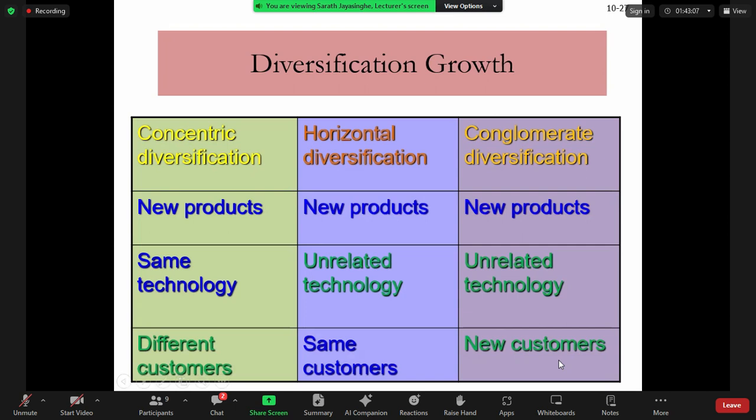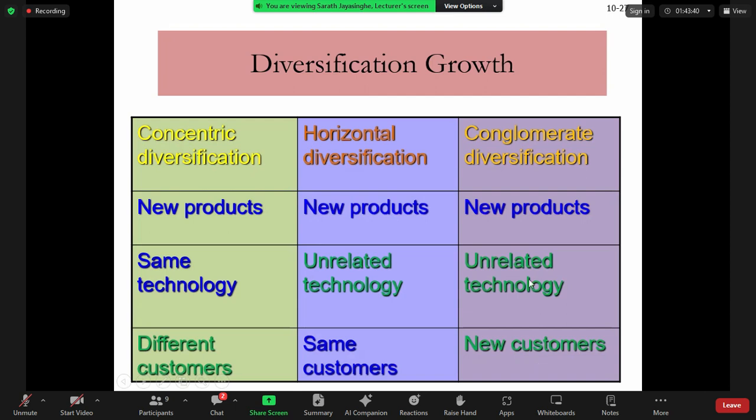Now you can think about Yamaha bikes. When you hear the word Yamaha, that is bike. But now they are producing musical instruments: unrelated technology and products, new customers, because people who are not using Yamaha bikes will go for musical instruments.